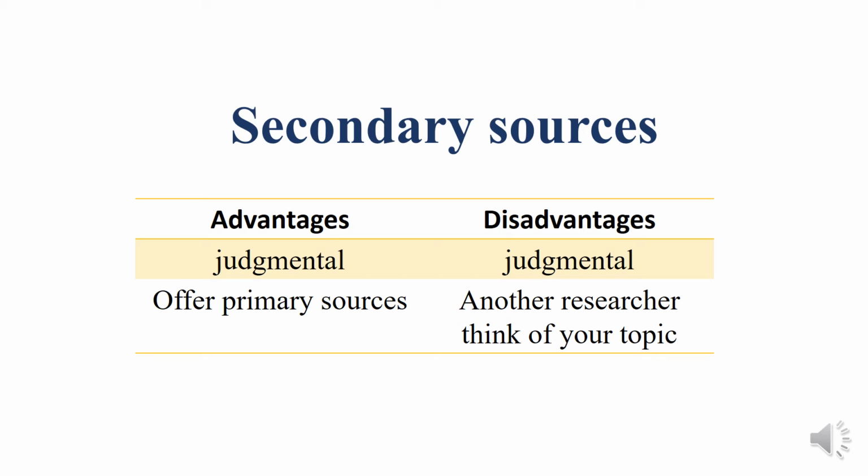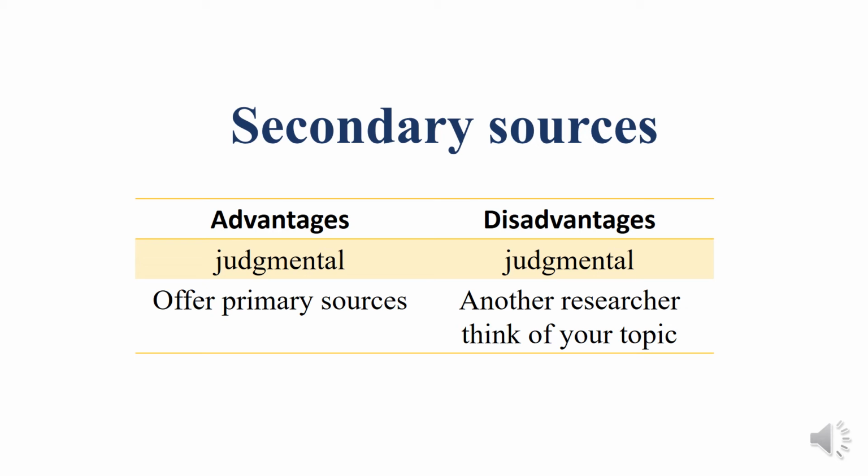And the disadvantage of secondary sources, as we mentioned: if I write about the disadvantages of the grammar translation method and I find a topic about the disadvantages of the grammar translation method, that means another researcher has also written about it.